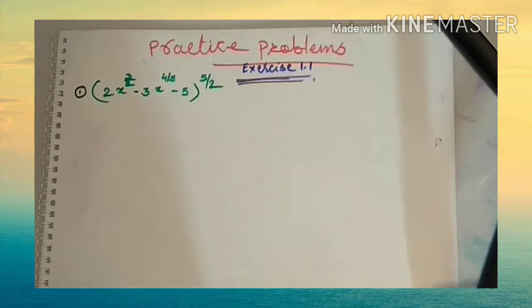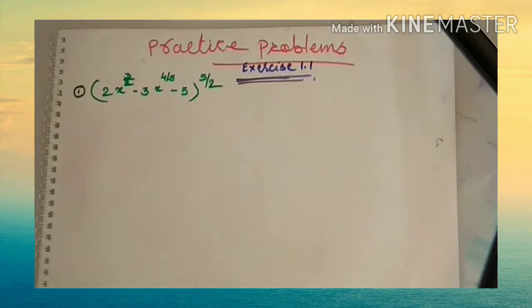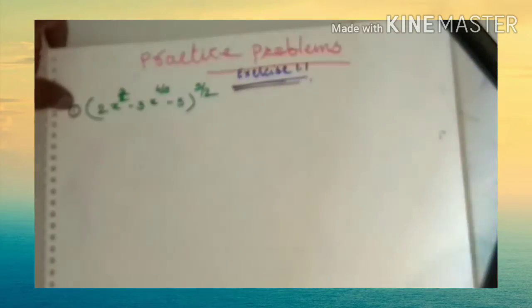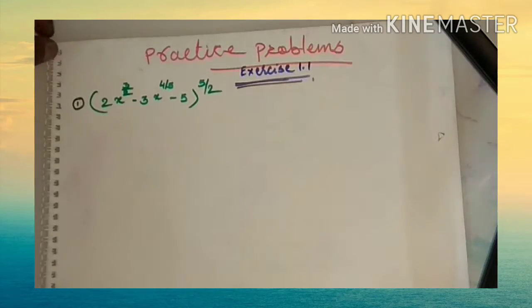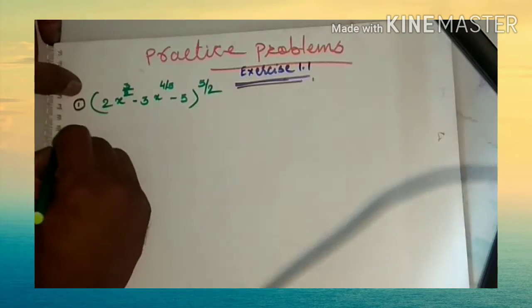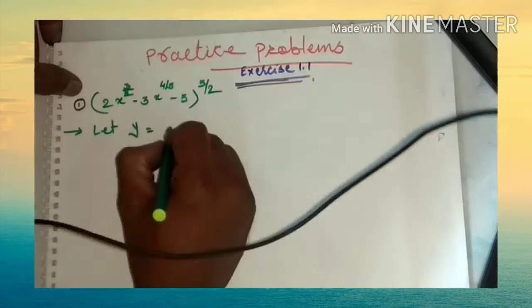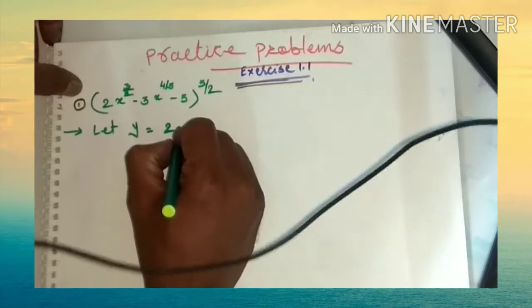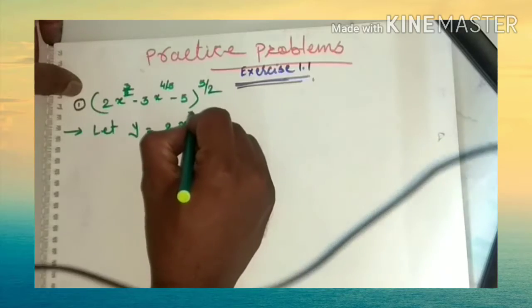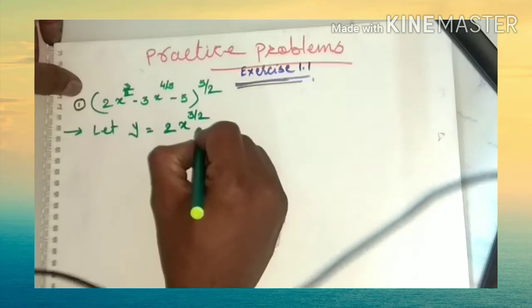So friends, we will see one problem regarding this theorem. Practice problem, exercise 1.1. So what is given here? Let y be equal to... First of all, do the labeling, meaning label the problem.